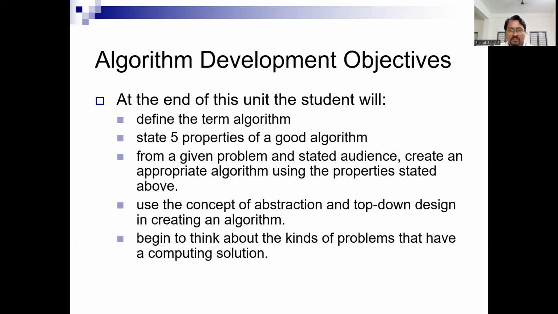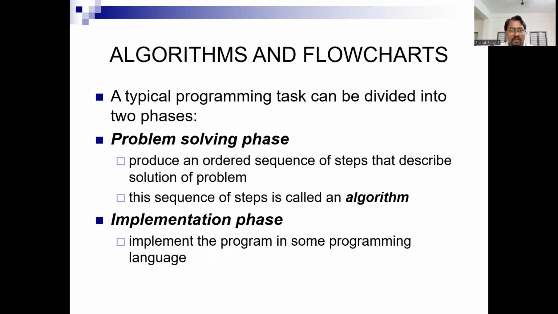A typical programming task can be divided into 2 phases: one is the problem solving phase, and the other is the implementation phase. Problem solving phase means producing an ordered sequence of steps that describe a solution of a problem.